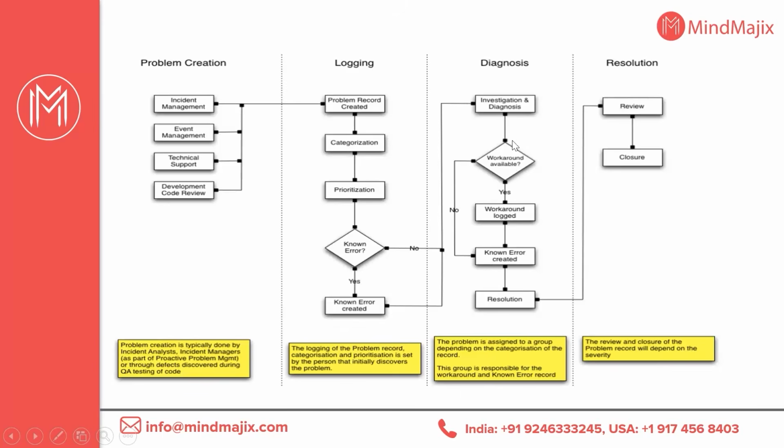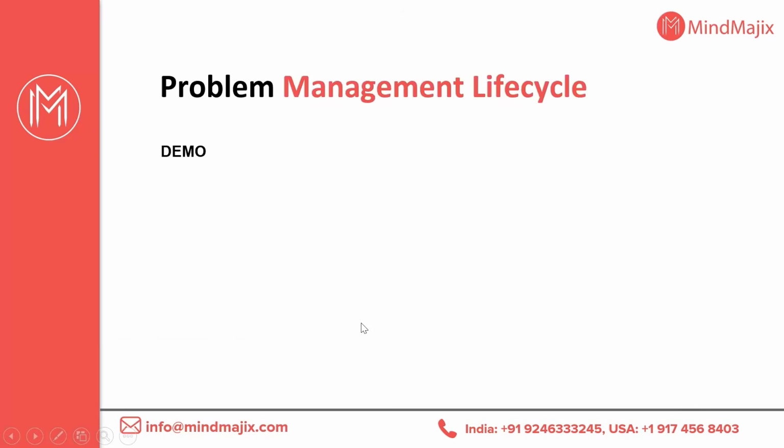So it's a very important part of the problem management process that you should have a workaround, and only then go for resolution or say it's a known error. Once the resolution happens, the next step is review and closure. Review and closure depends on the severity, and also on the person who has raised this problem.